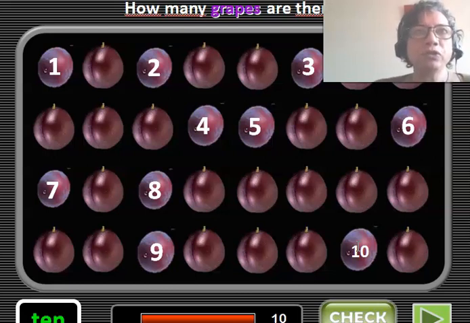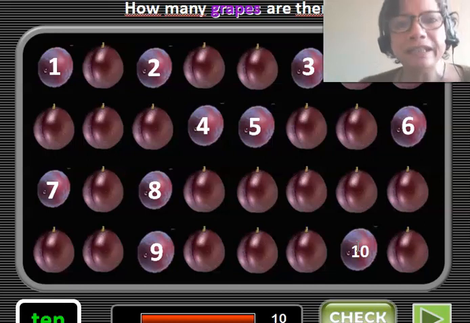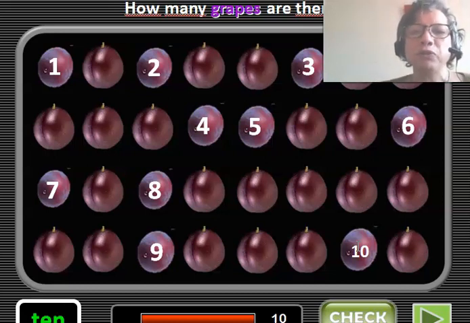Now, it's important to keep in mind that when you ask kids how many grapes or how many books or how many pencils do you have, they usually say 3 or 2 or 1, which is okay. But in this case, we're teaching, and we're trying for kids to learn the structure.